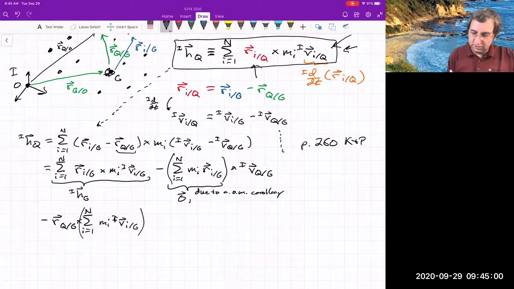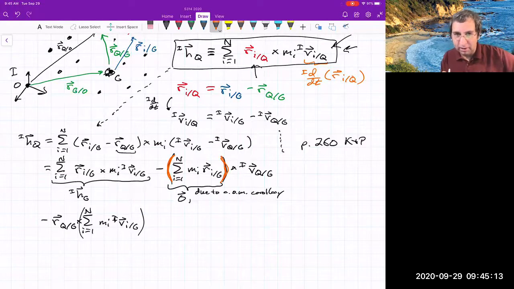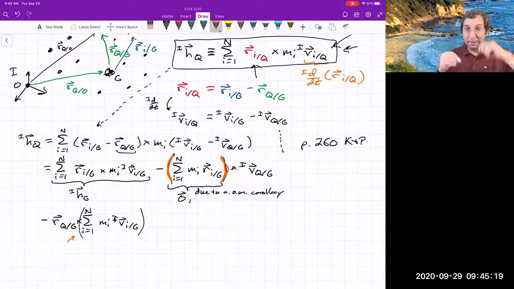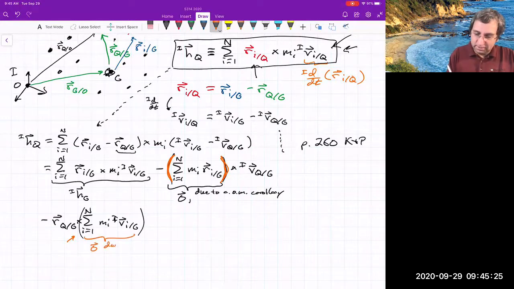Now, this thing also equals 0 because it's just the time derivative of this thing, let me put it in orange parentheses over here. If you take the inertial time derivative of that thing in orange parentheses, you get this thing. So it's basically the time derivative of 0. So that's also 0. And we'll say, again, due to the center of mass corollary.